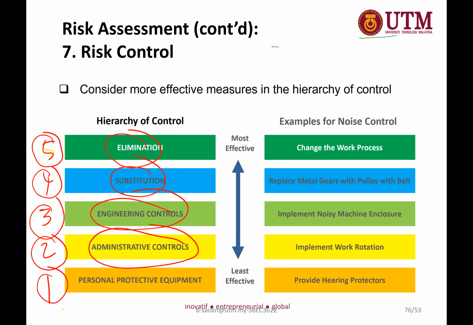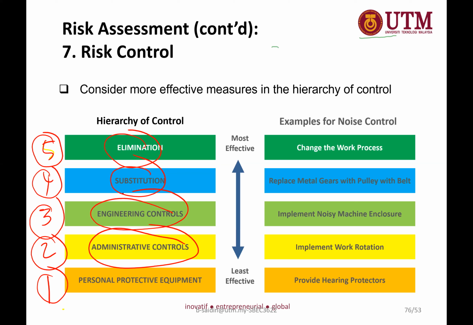An example of administrative control can be work rotation. Let's say when people have to work in a noisy area, instead of letting one guy work for 8 hours for the whole day, why don't we simply let that guy work for 1 hour and then rotate the work with others?